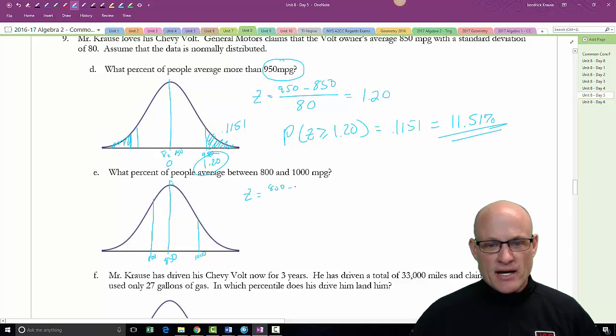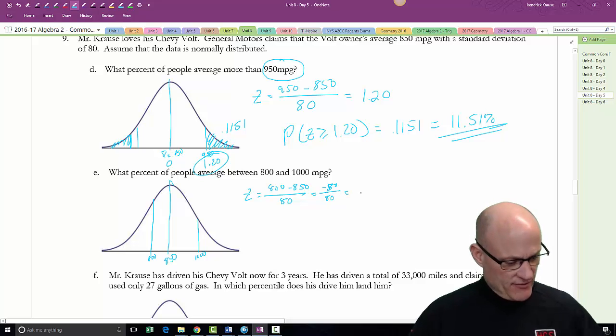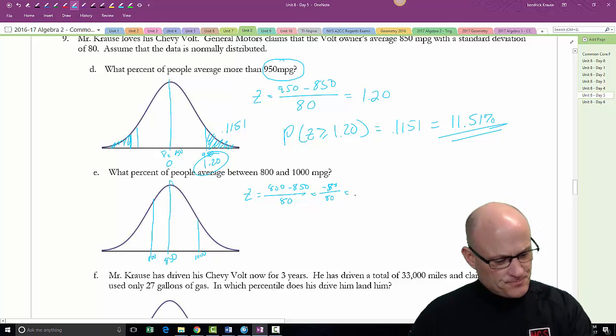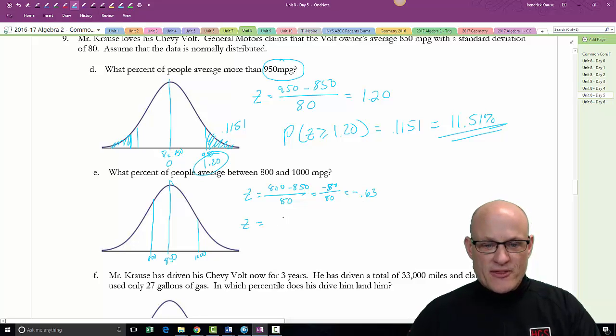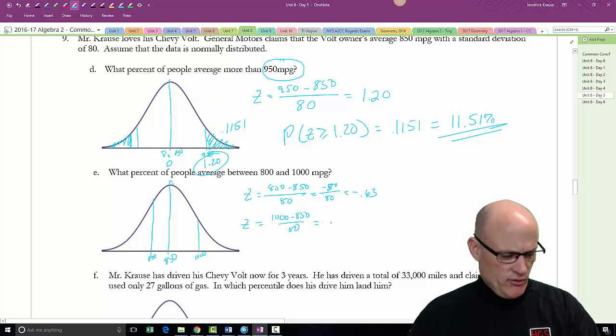So 800 minus 850 over 80. That's negative 50 over 80, which, I've already calculated this out, is negative 0.63. We also need a z-score for the 1,000, so that's 1,000 minus 850 over 80, which is 1.88.